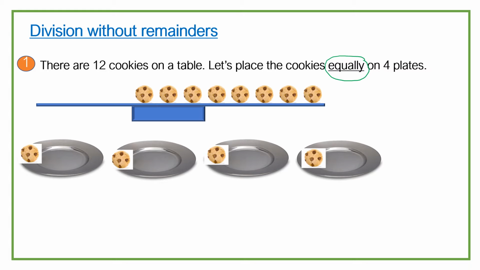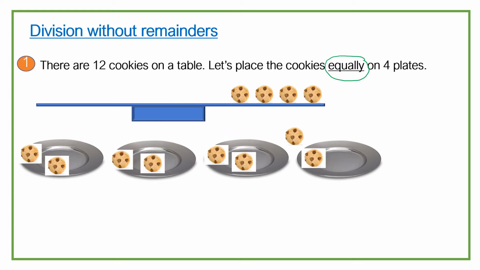Let us put 1 cookie on each plate. So 1, 1, 1, and 1. So each plate so far has got 2 cookies and we have 4 cookies left.